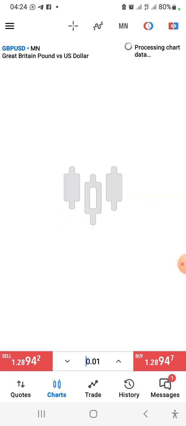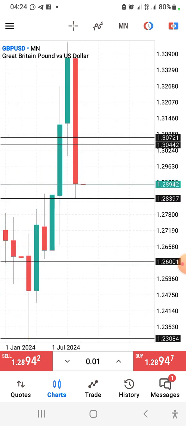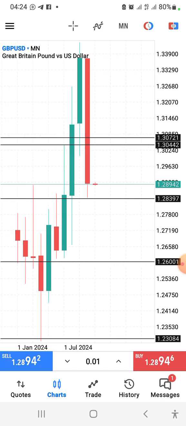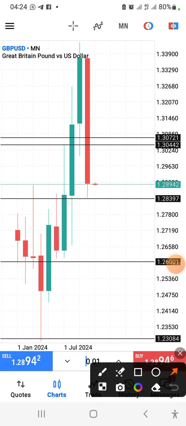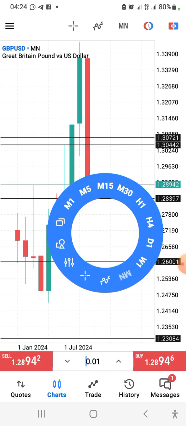Now let me see. Let's start with the month candlestick. On the month, the trend is already an uptrend. So we are looking at this level for us to buy. Then let's check the weekly.